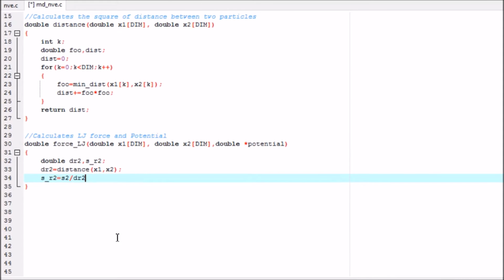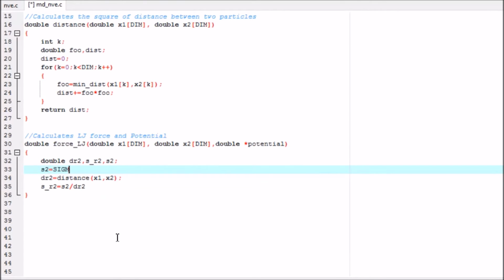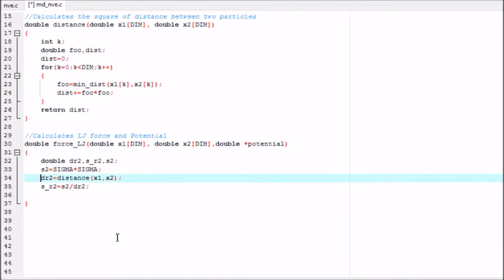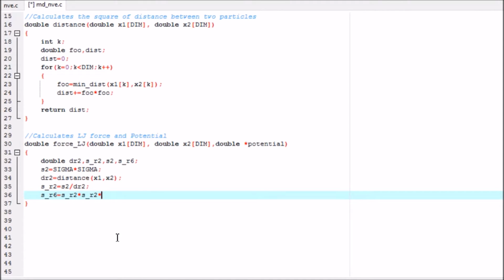So sigma 2, we can now define sigma 2, S2. S2 is equal to sigma multiplied by sigma. So now we have sigma bar 2. So we now will define sigma by r bar 6. So sigma by r bar 6 is equal to sigma by r power 2 multiplied 2 times, 2 into sigma by r 2.